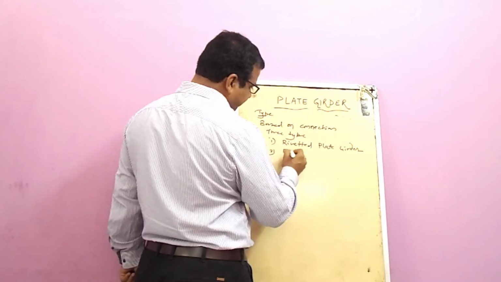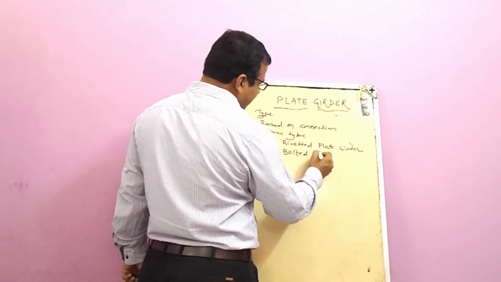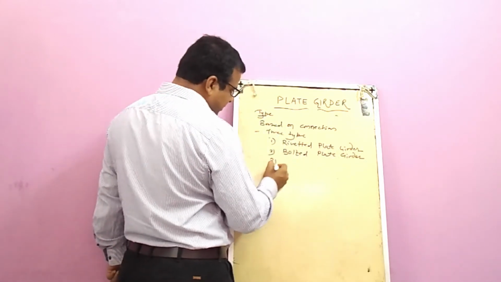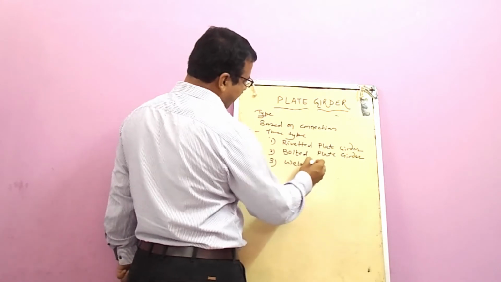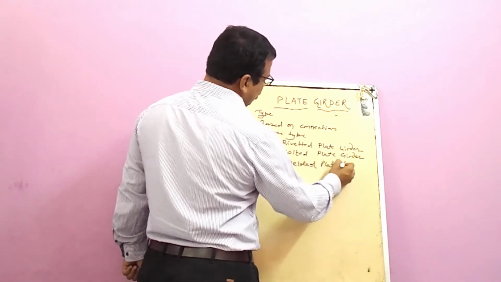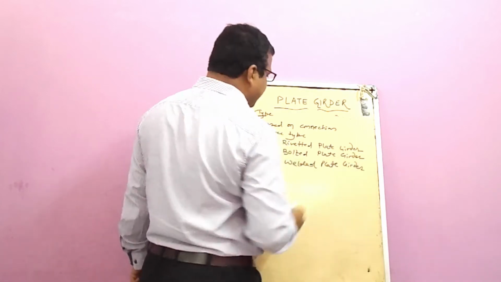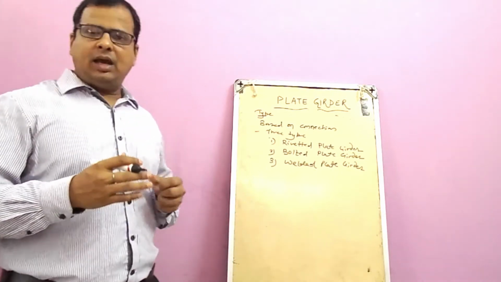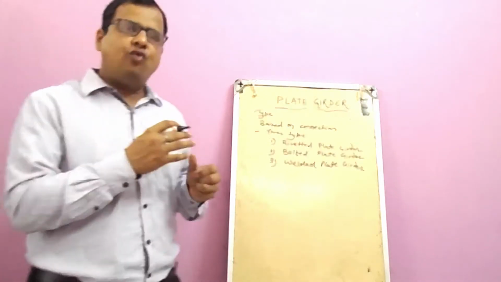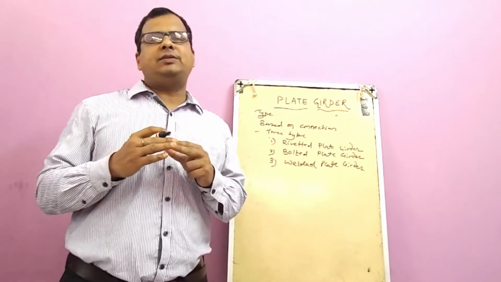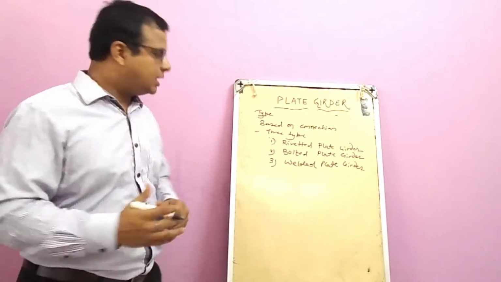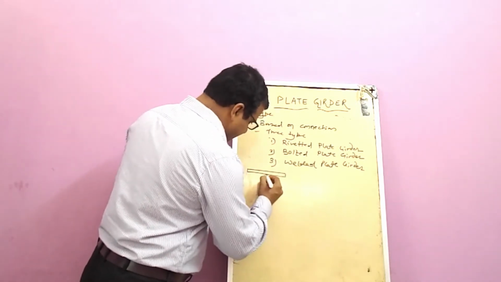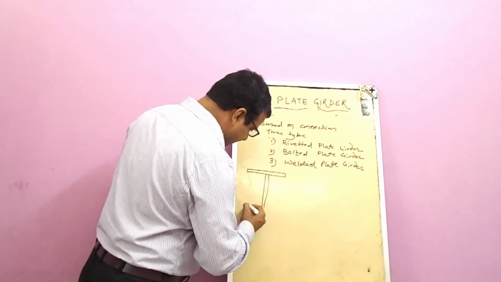Next is the bolted plate girder. Third one is the welded plate girder. So what is the difference between these three types? Basically the only difference is how we connect the flange plate and web plate with each other. So here I am drawing all three types of plate girder.